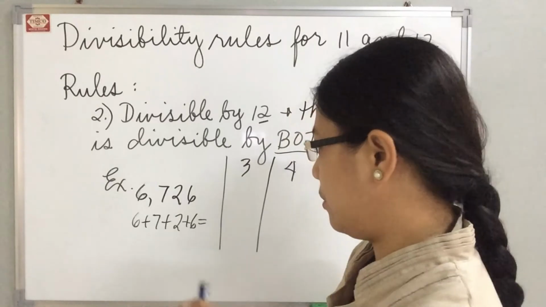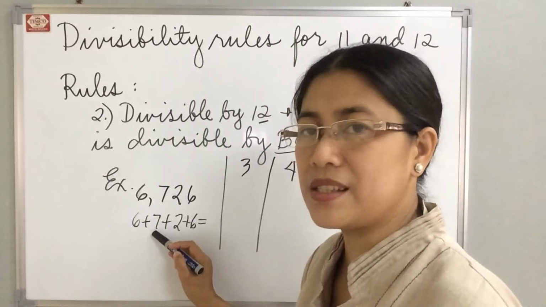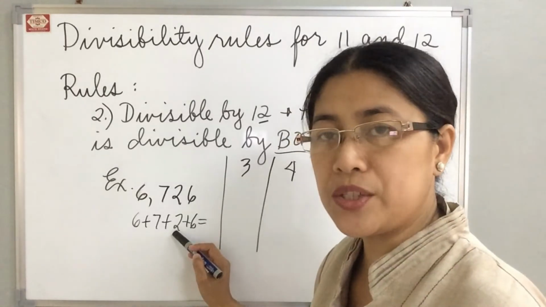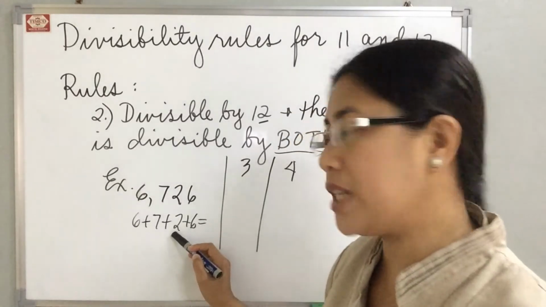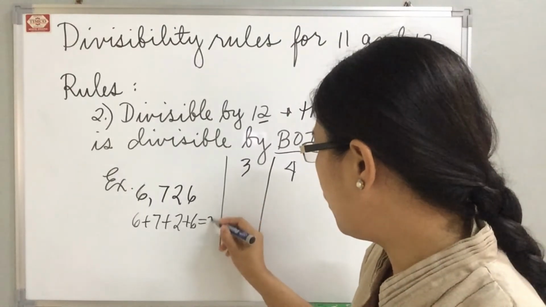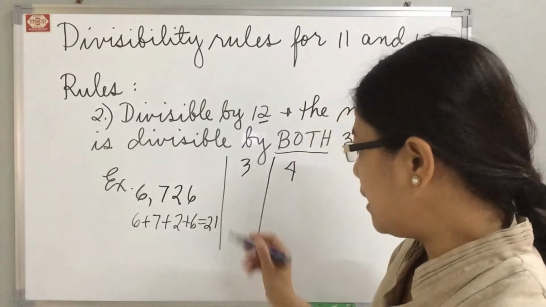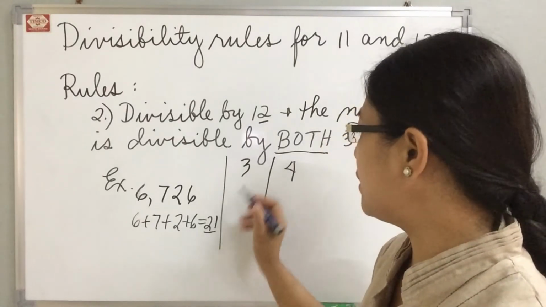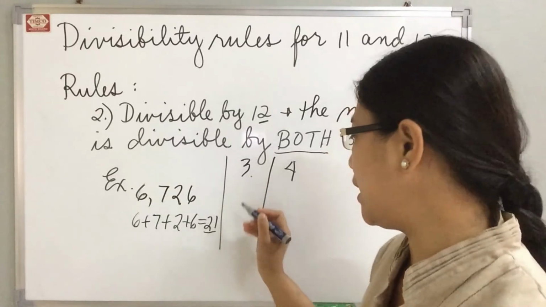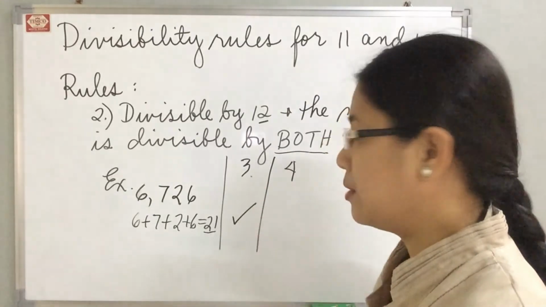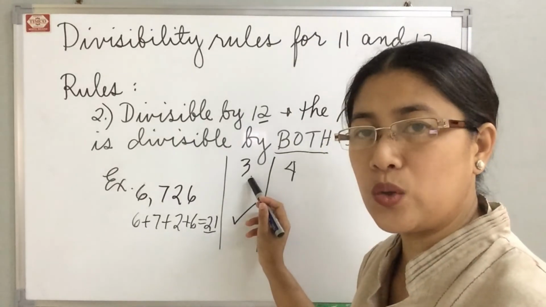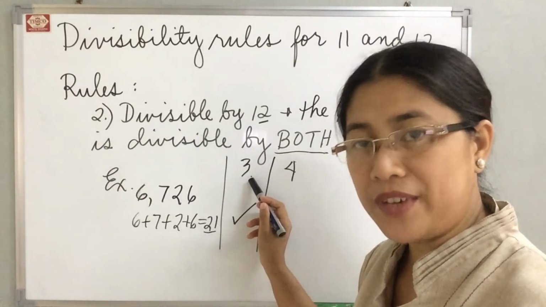Okay, so 6 plus 7 is 13. 13 plus 2 is equal to 15. And 15 plus 6 is equal to 21. Okay. Is 21 divisible by 3? Yes. So it is. Check. Because 21 divided by 3 is equal to 7.